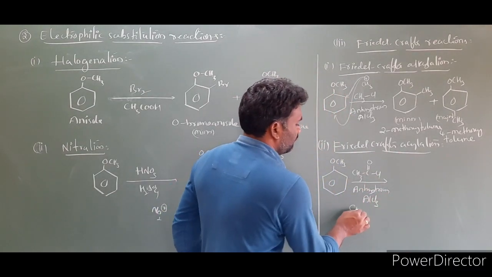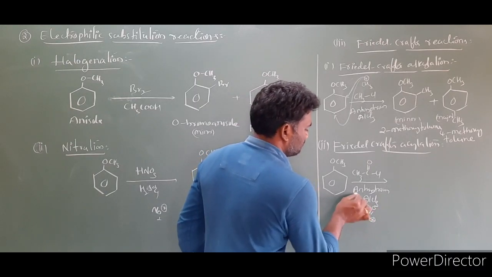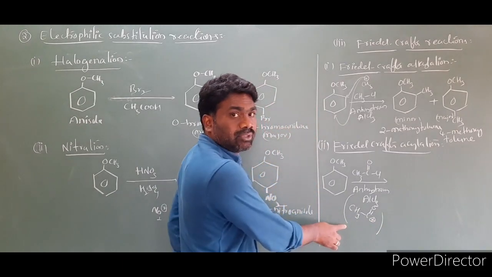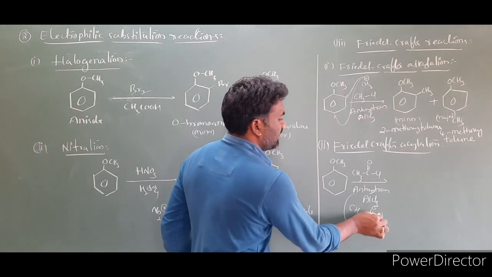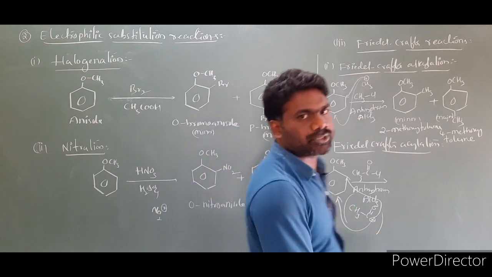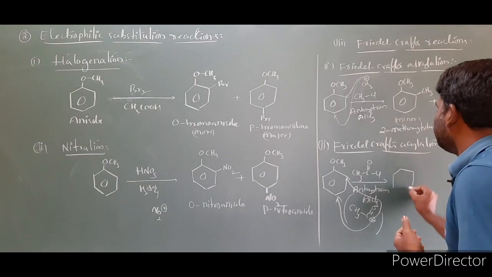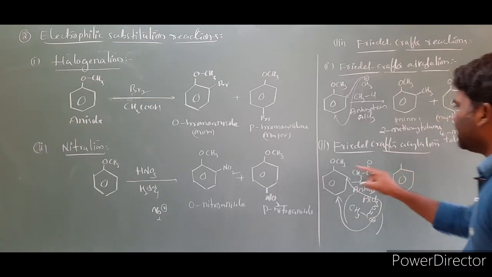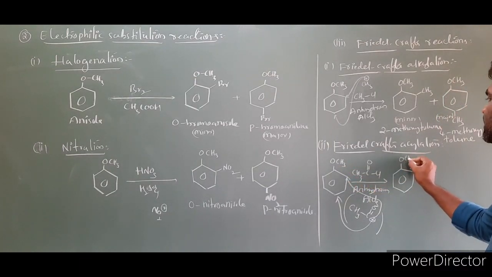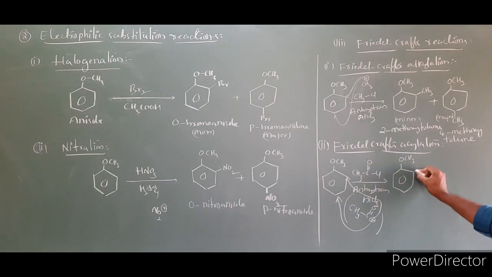Acylation means we have to substitute the CH3C=O group with positive charge. This group we have to substitute. This positive charge may attack at the ortho position, or it may attack at the para position. So two products we can expect. Now writing the first product: a benzene ring with OCH3 and a C=O CH3 group substituted at the ortho position.